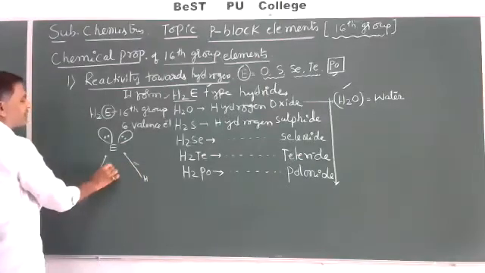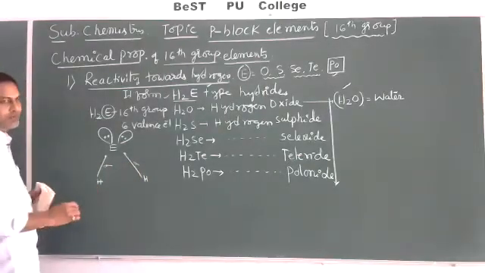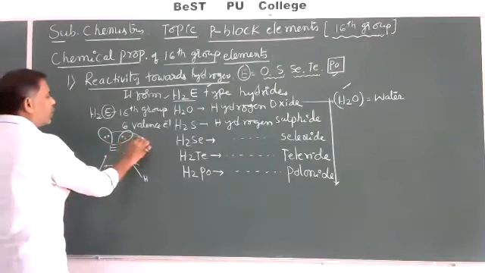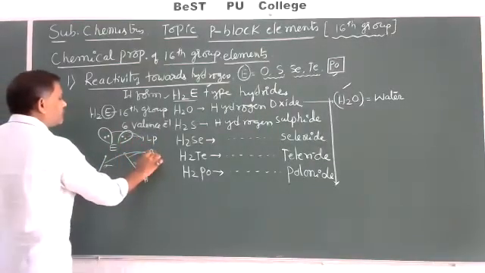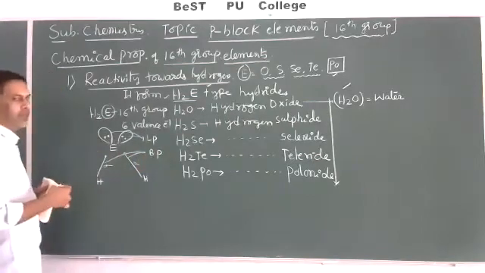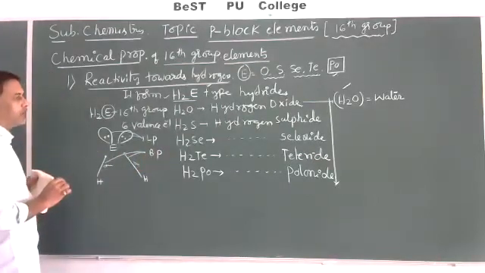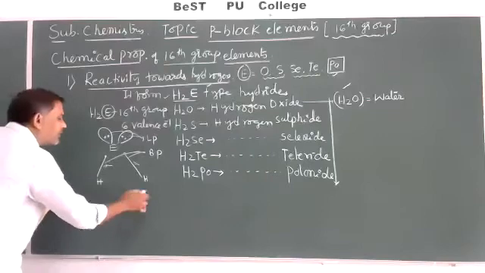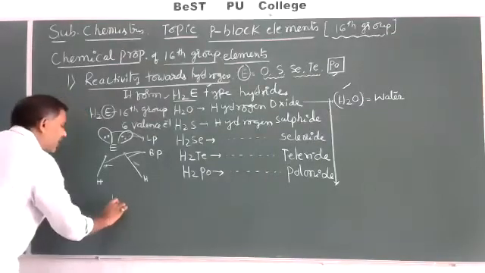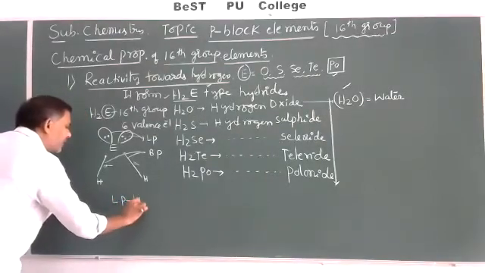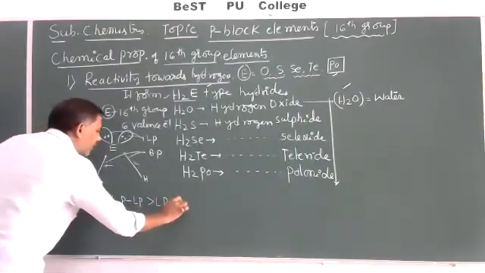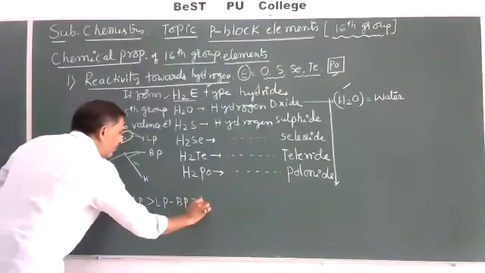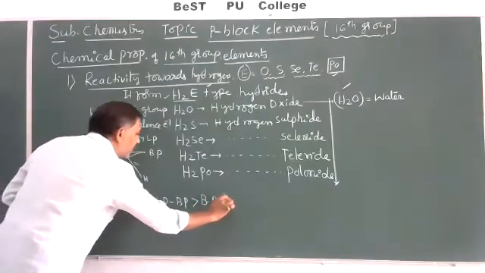Here 2 sigma covalent bonds are present, and 2 lone pairs, LP. These 2 are the bond pairs, BP. We know in chemical bonding, lone pair-lone pair repulsions are greater than lone pair-bond pair, then bond pair-bond pair.